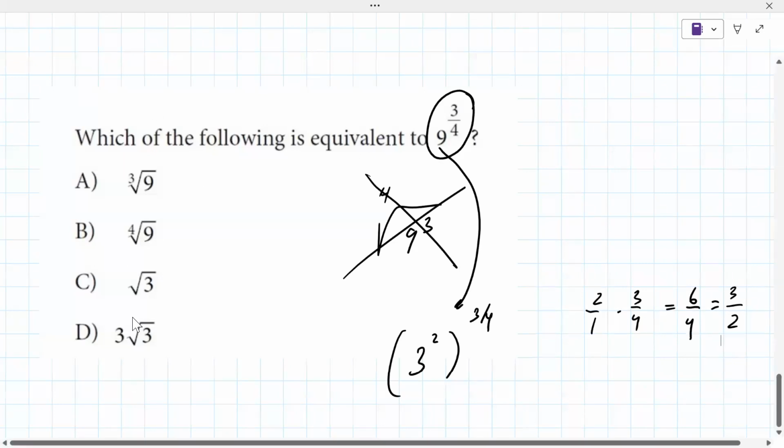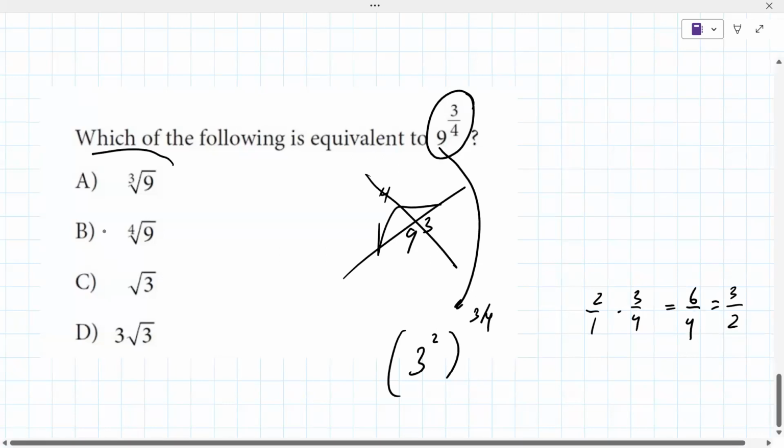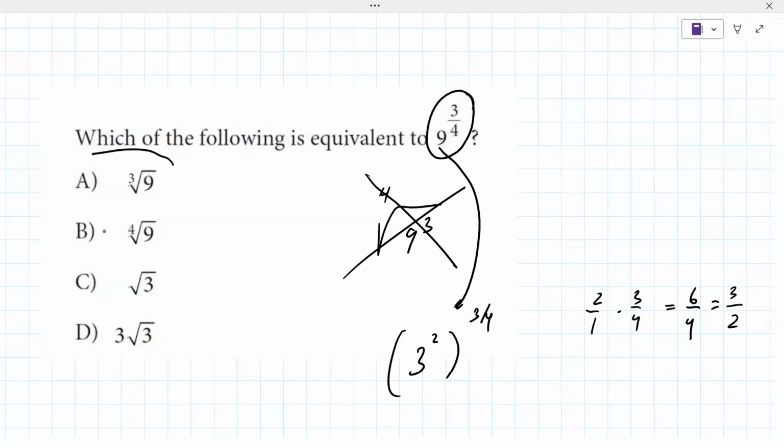So what would be the best answer for that? A. Wait, no. Wait. C.